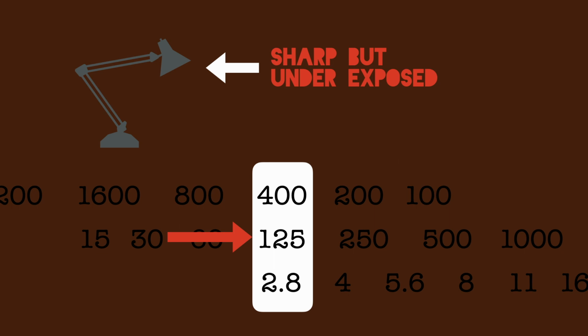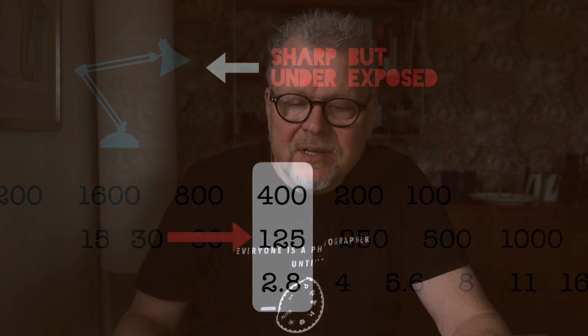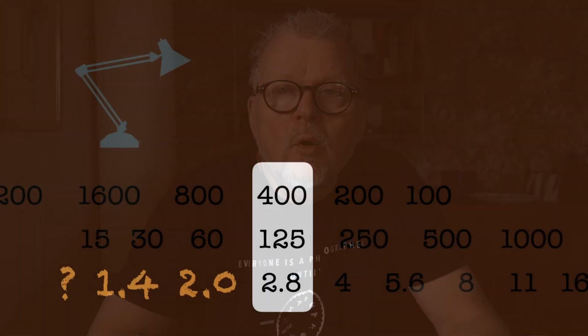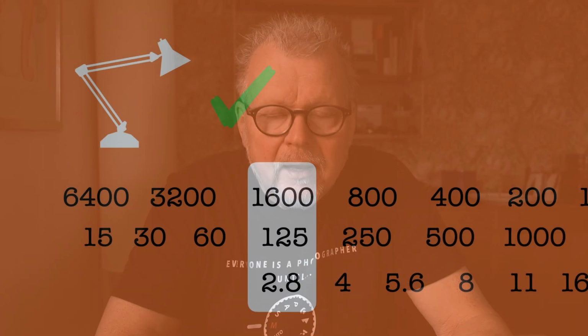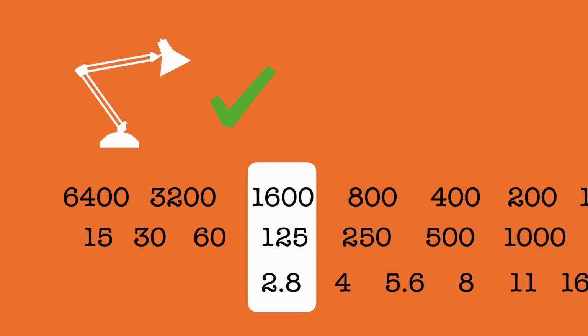Well, you turn the shutter speed to 1/125 seconds. Sometimes you can choose to open up the aperture. You may have a lens with 1.4 or 2.0, but in this case 2.8 is wide open for that lens. So you cannot change the aperture, but you can change the ISO settings. If you set it to 1600, then you're good. Then you have your proper exposure again.